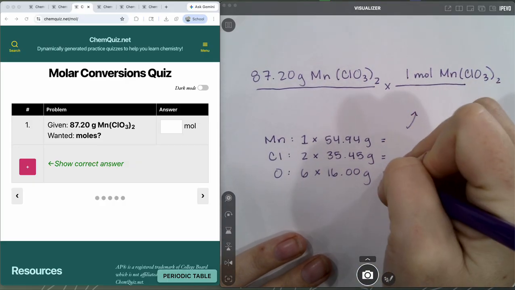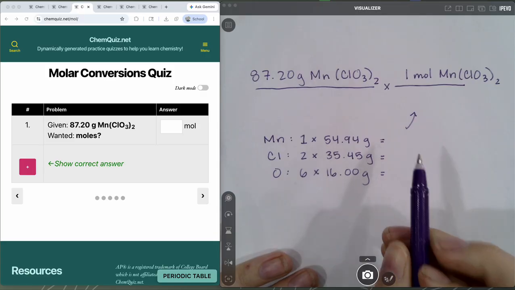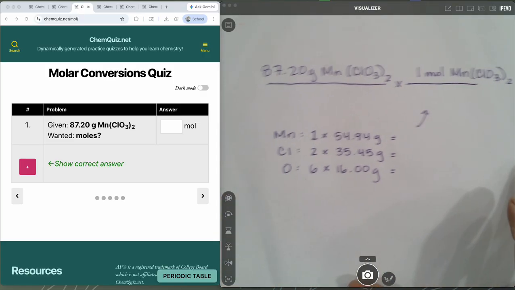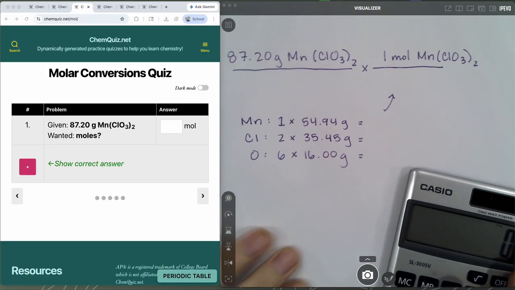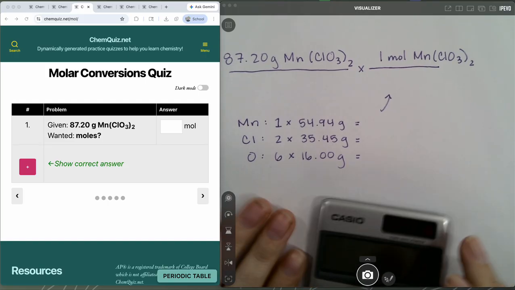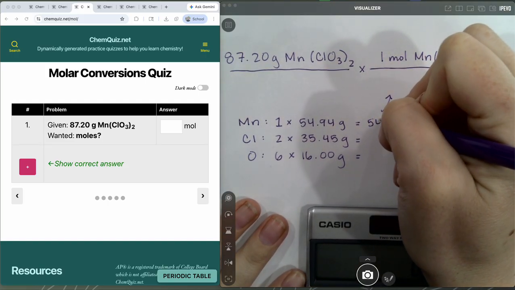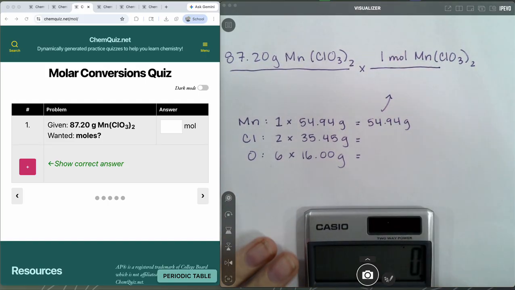Let's go ahead and calculate them all and add them together. So, I'm going to bring my calculator over here. Oh, this first one's easy. 54.94 grams.